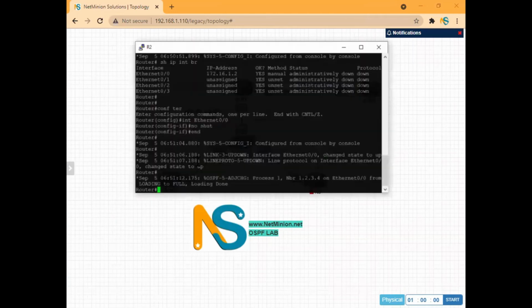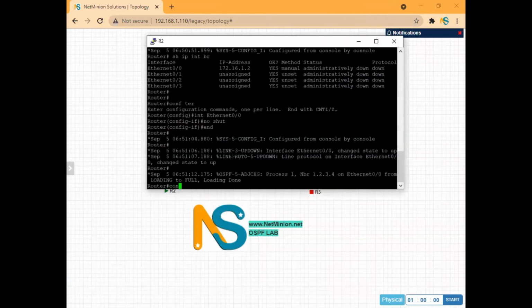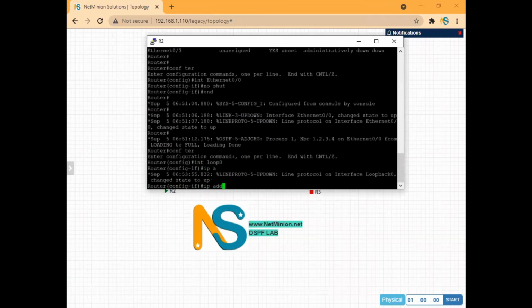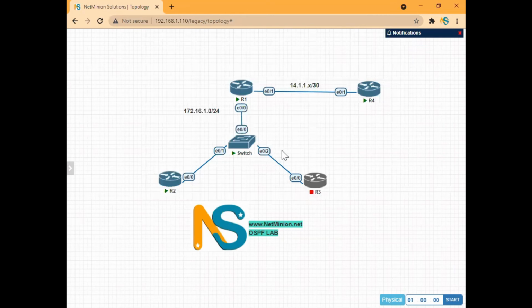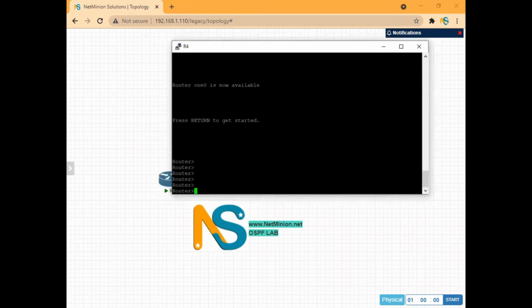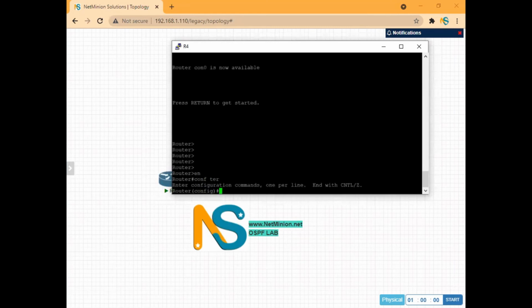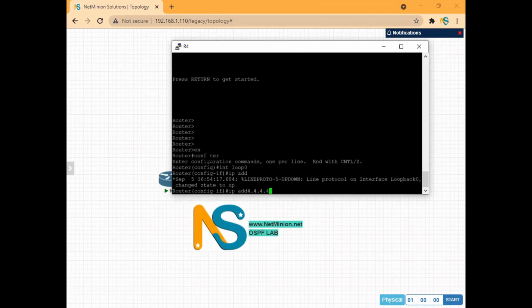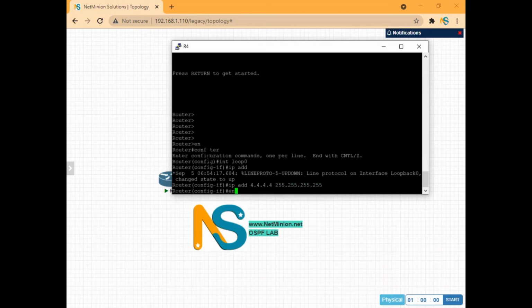Okay. Let me go to R2 and go to configure terminal, interface loopback 0, providing the loopback IP 2.2.2.2, 255.255.255.255. Let me go to R4, and over R4, configure terminal, interface loopback 0, IP address 4.4.4.4, 255.255.255.255.